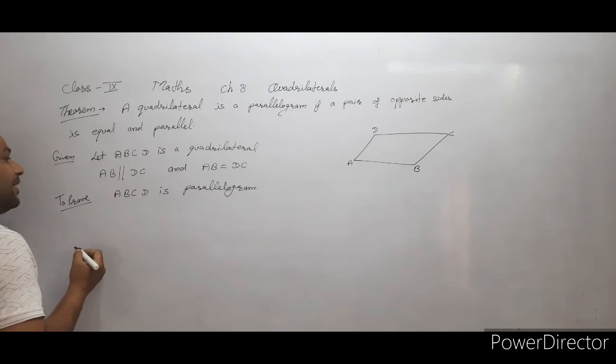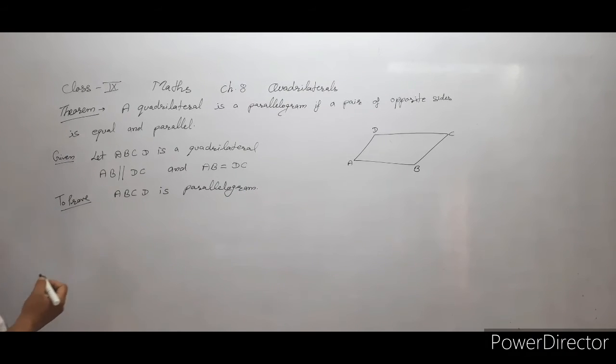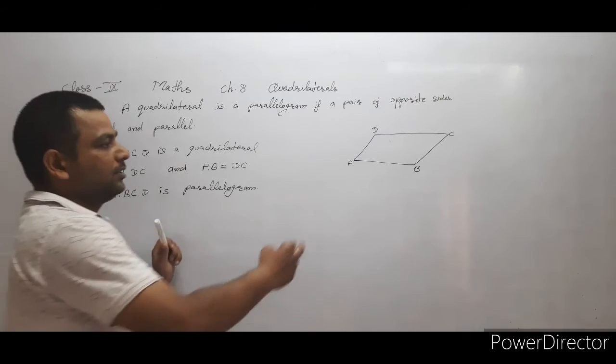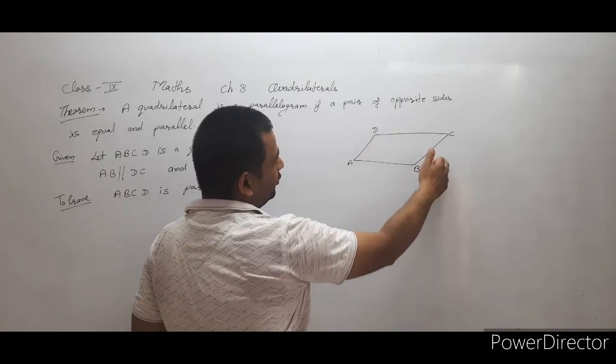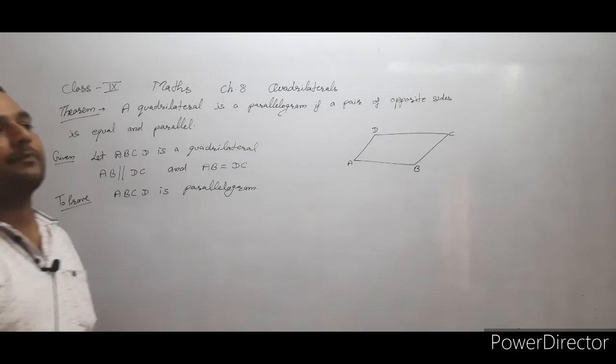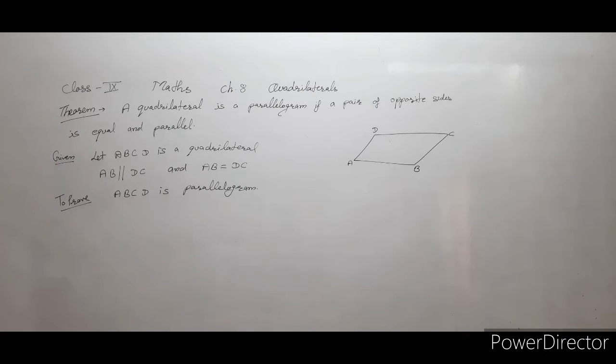To prove this is a parallelogram, we have to prove that the sides AD and BC are also parallel. This quadrilateral is a parallelogram because AB is parallel to DC. If we prove that AD is also parallel to BC, opposite sides are parallel in a quadrilateral, then it is a parallelogram.